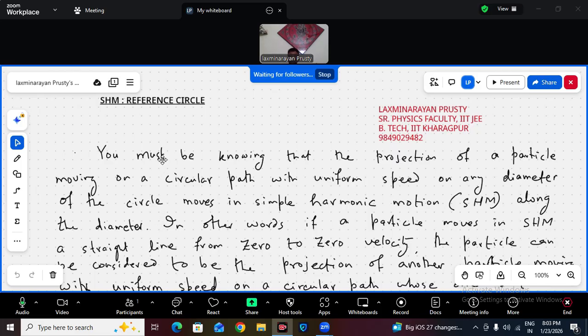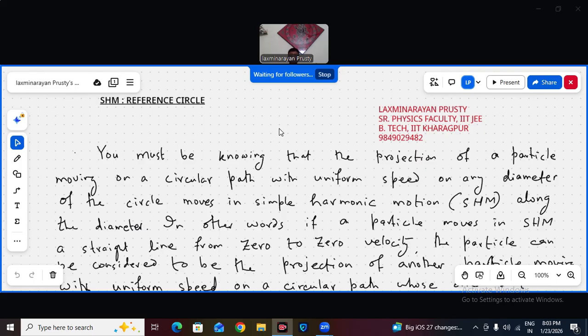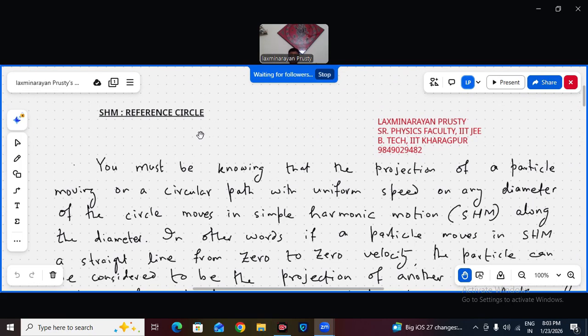All of you must have studied SHM. The topic's name is SHM, but with a specification here, that is reference circle. Use of reference circle in solving various seemingly difficult questions in SHM.